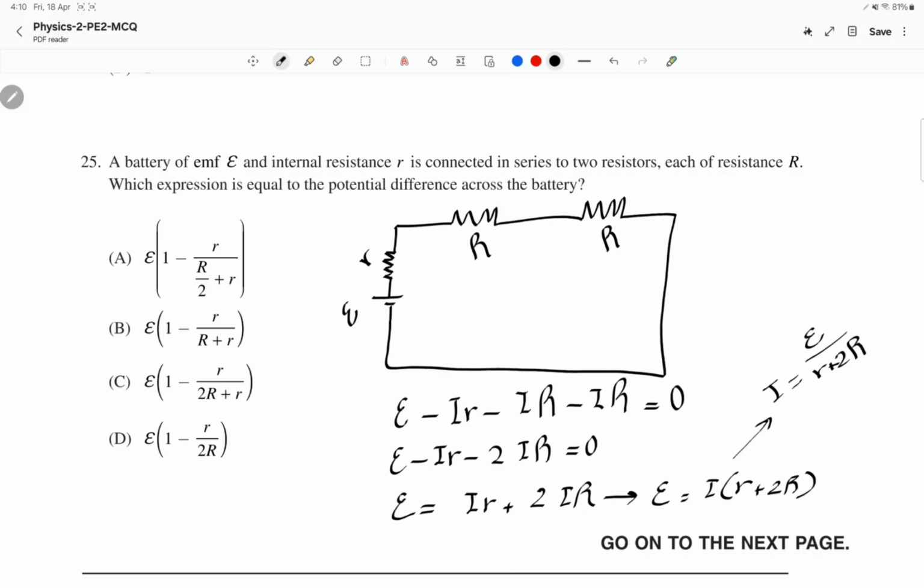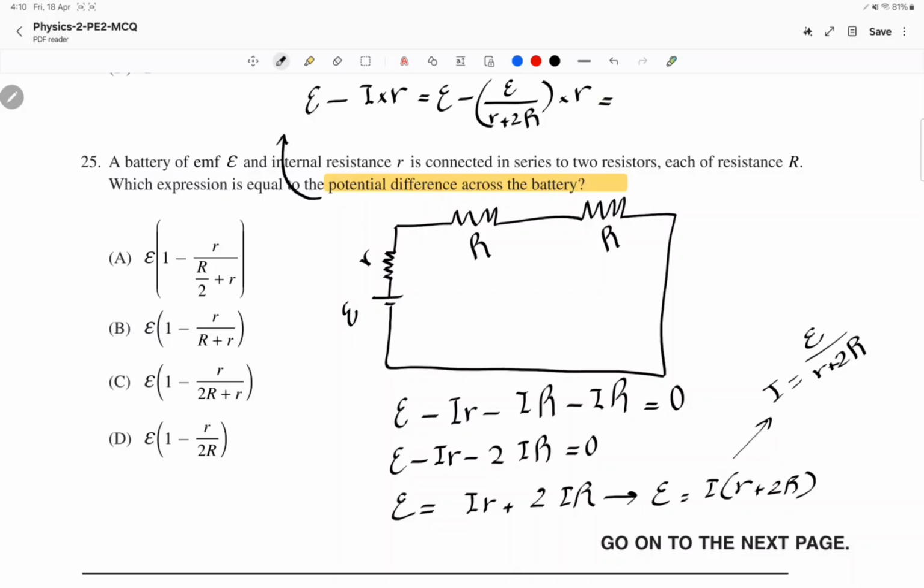Now that's an important step. What the question wants is the potential difference across the battery. And you must know that the potential difference across the battery is simply the EMF minus the voltage wasted in the internal resistance. So EMF minus, instead of I, put EMF over R plus 2R, times small r.